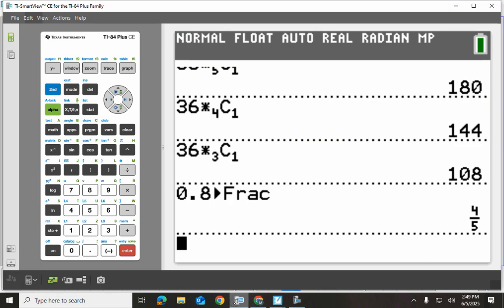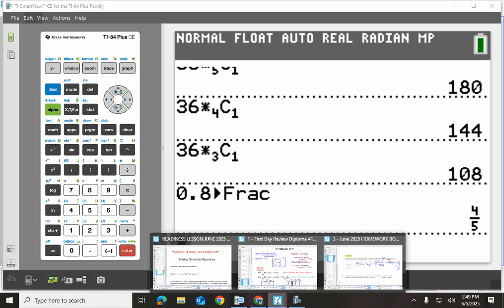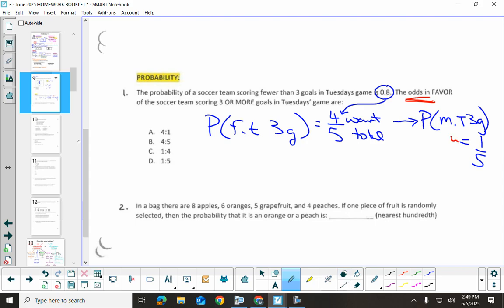So this is your want over your total. So the odds in favor of scoring more than 3 is want, don't want.